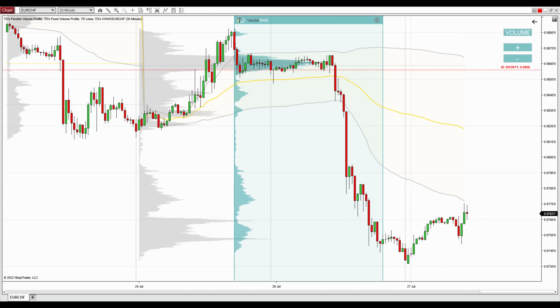Now there's also one more thing apart from the volume accumulation setup, and that is a VWAP setup. The VWAP is this yellow line, and those two gray lines are the deviations. The price tends to react to those deviations, especially when you combine it with a heavy volume zone. Like in here we have a heavy volume zone and the first deviation being very close to it.